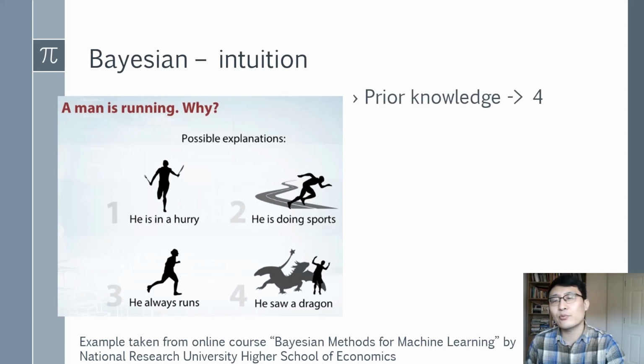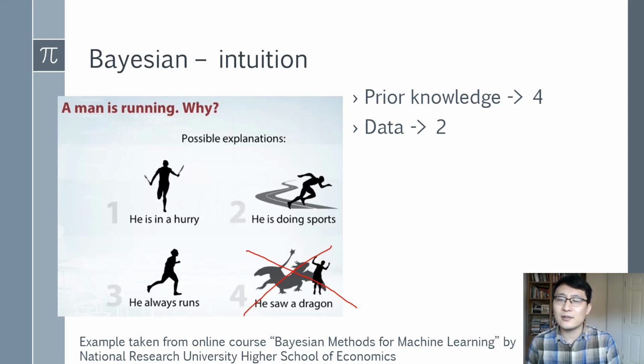Given the prior knowledge, we can exclude option 4, because it's highly unlikely: dragons don't exist. Based on our prior knowledge, we can exclude this explanation. Based on data, we can then decide whether it's the second scenario.